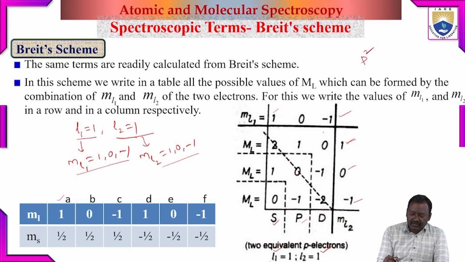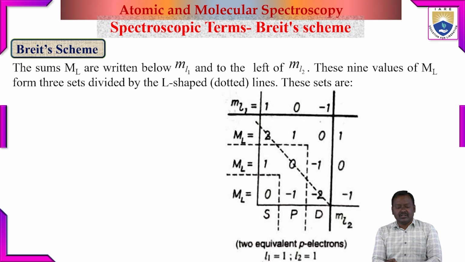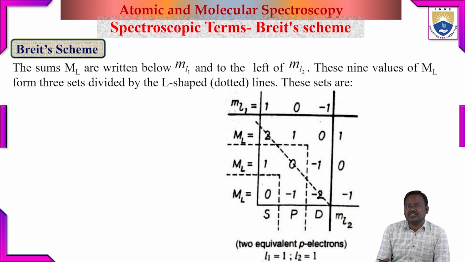So here, whenever we see these nine values, there are 9 values for the total orbital angular momentum ml.